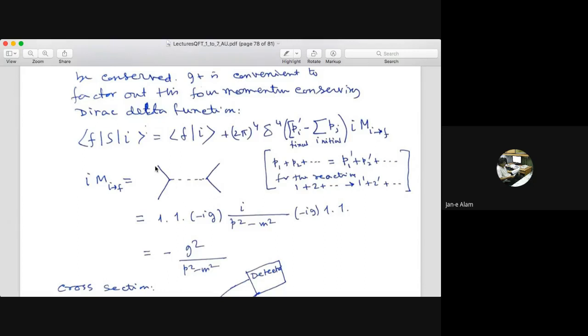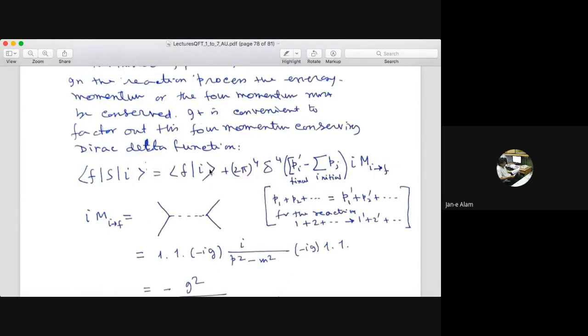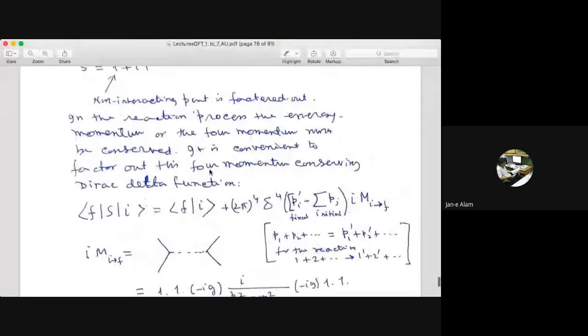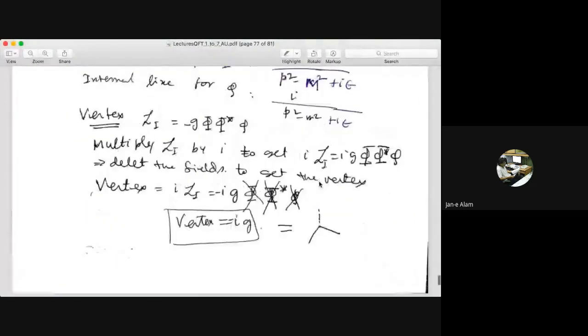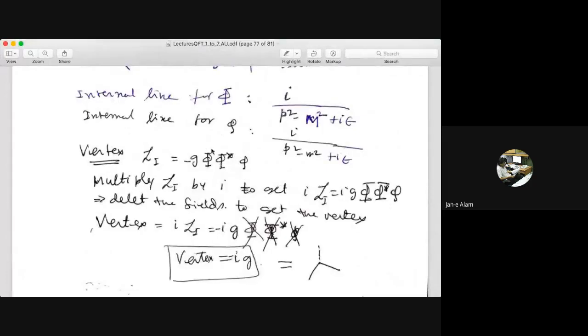Why am I saying this? Because these two particles, capital phi and phi bar, will interact and produce a small phi particle, this relay particle. You see, the structure of the vertex is 2 solid, 1 dot, because the capital phi particle is denoted by a solid line and the small phi by a dotted line.